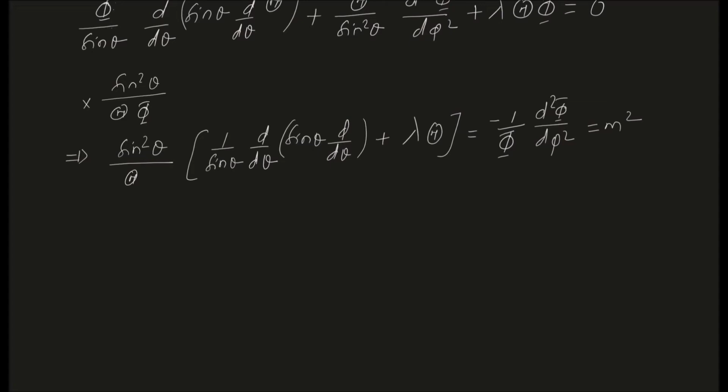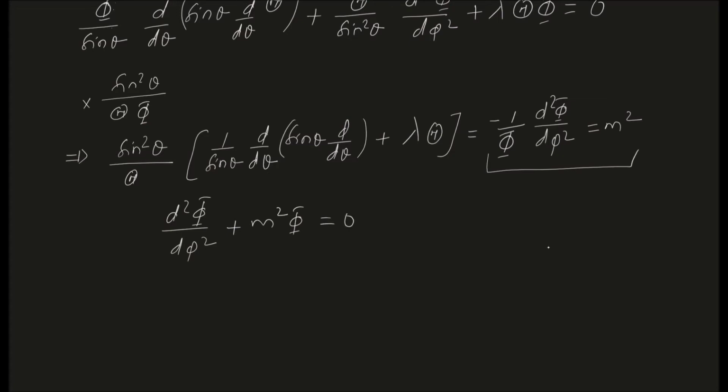Okay, so now from this equation let's try to get the solution or the eigenfunctions of Lz. For that we first consider this part. We consider the right hand side of the expression, that will give us d square phi by d phi square plus m square phi is equal to 0.